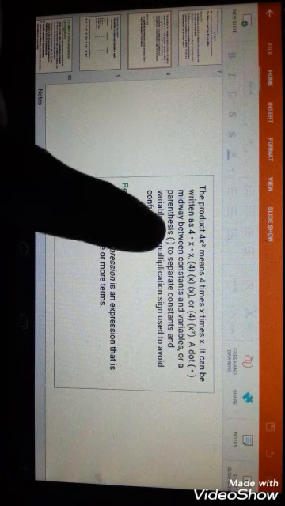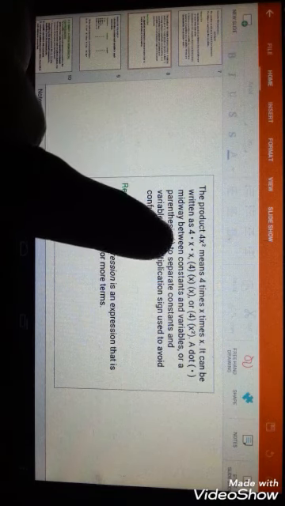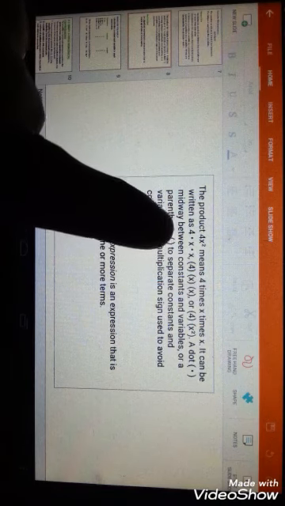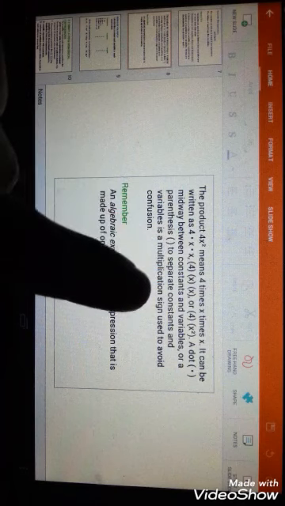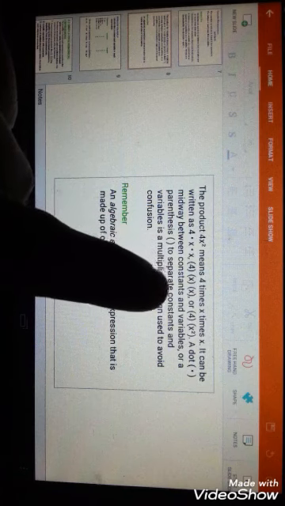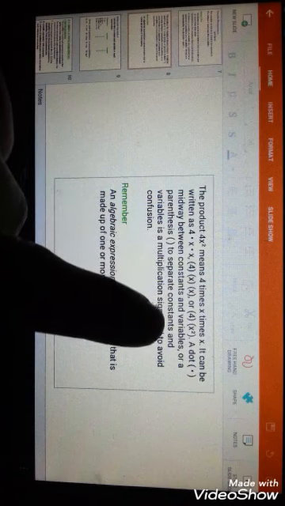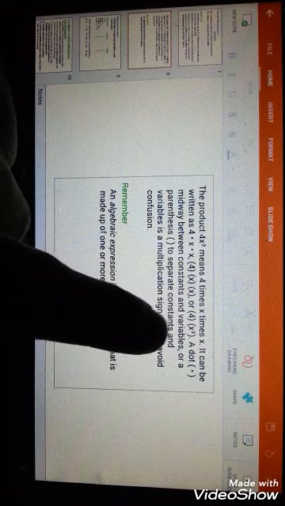The product 4x squared means 4 times x squared. A multiplication can be written as 4 times x, or with parentheses, 4 times x, or even 4 times x squared, which is equal to 4x squared.